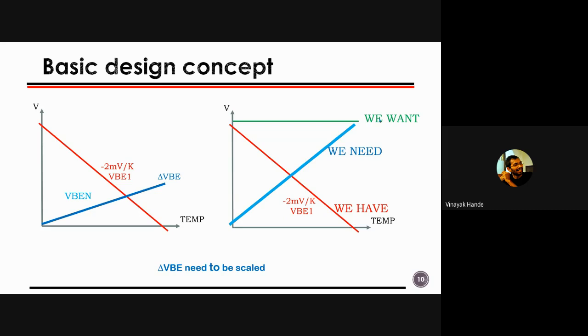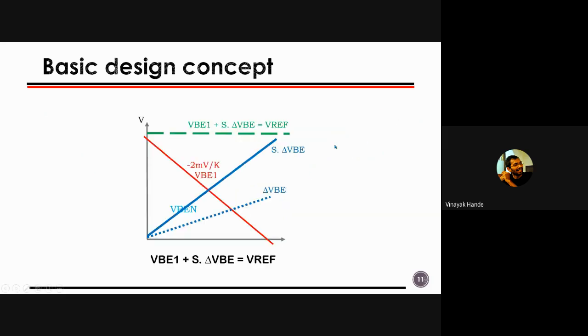Then if we add what we need plus what we have, we'll get the voltage reference we wanted, right? If I have delta VB, which is the dotted line, and we scale it by a factor of S and add it together, we can get the straight line. That is VB1 plus S into delta VB is equal to V reference, right?